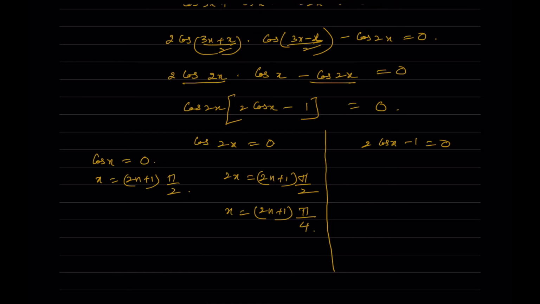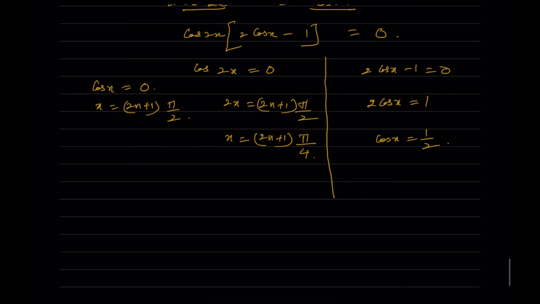Now the next one is 2 cos x minus 1 is equal to 0. Over here you have 2 cos x is equal to 1, or cos x is equal to 1 by 2. That means cos x is equal to cos, where do we get half for cos x? Near cos 60, that is cos pi by 3.